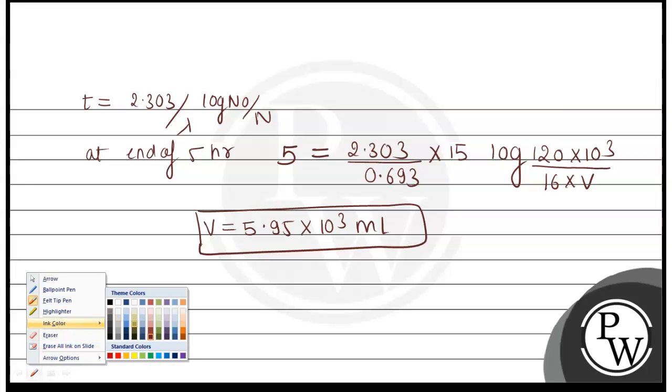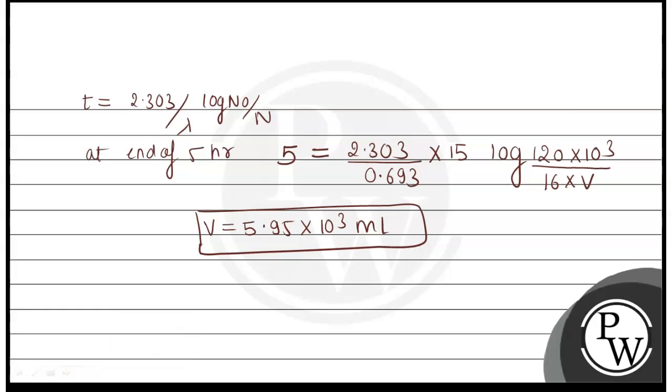Now let's solve the second part. For the second part, we have to calculate the activity of the blood sample after a further time of 5 hours. So now the time becomes 10 hours, because 5 hours then 5 hours. After adding we get 10 = 2.303 divided by 0.693 × 15 × log of 120 × 10^3 upon A, because initially it is 120 × 10^3 and we have to calculate after 10 hours.